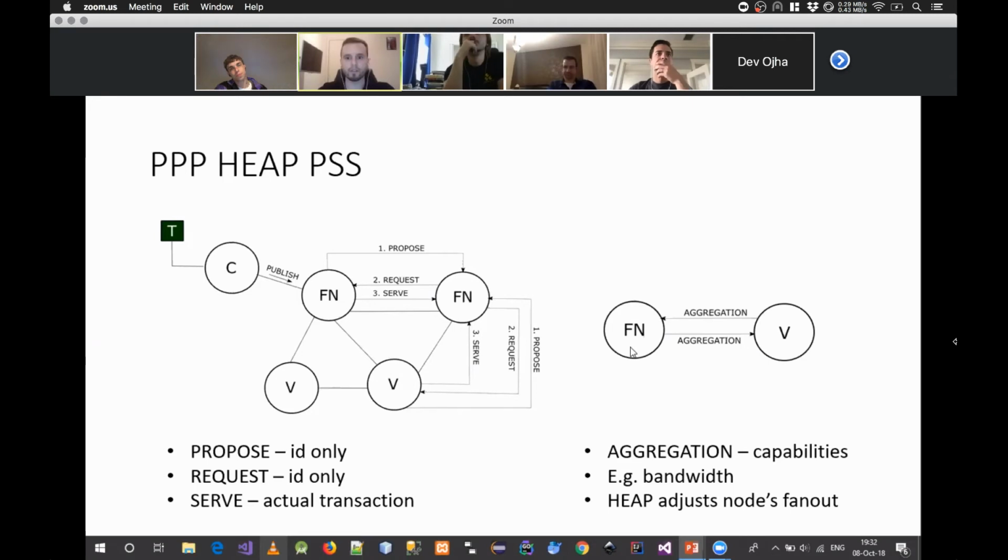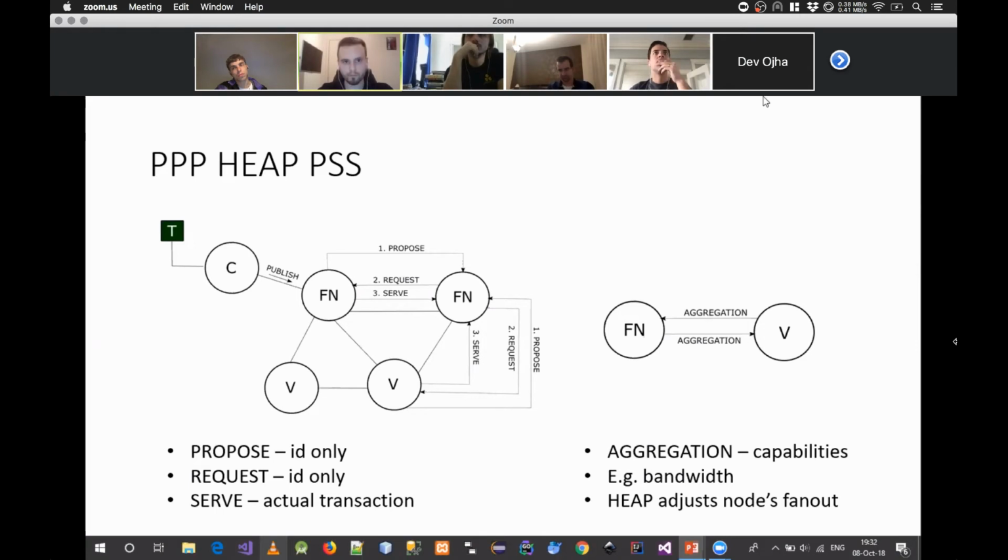And when disseminating data, a full node can adjust its fan-out or calculate the preferred size of its peer subset simply by using an equation provided in HEAP. Therefore, the core idea behind the HEAP protocol is to adjust the node's fan-out in order to optimally use its bandwidth.